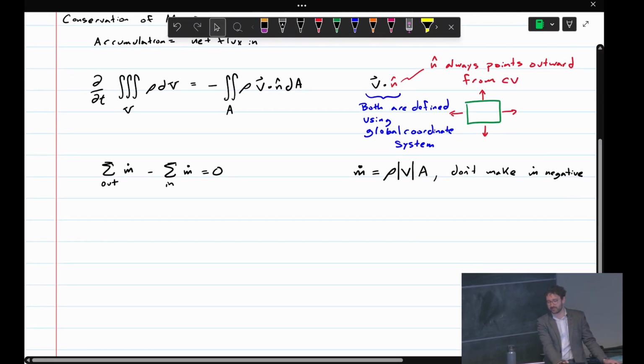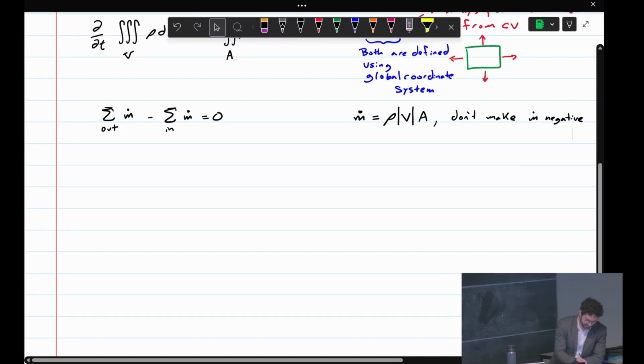Okay, so any questions on conservation of mass? Okay. Now we'll do conservation of momentum.